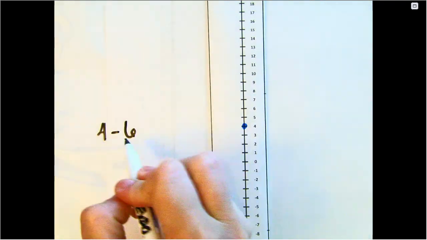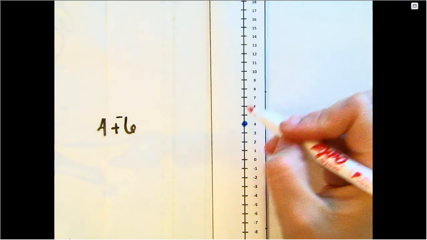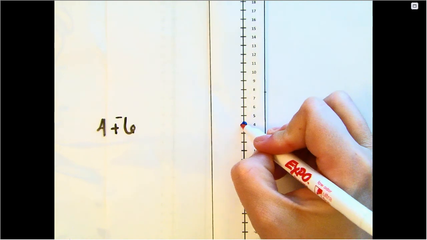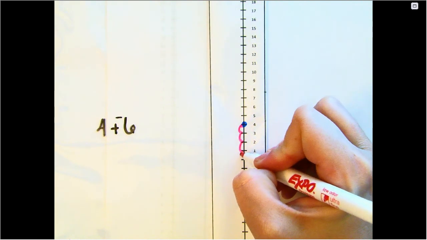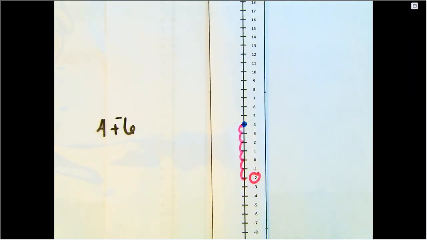So 4 minus 6 is the same thing as adding negative 6. If we have 4 and then we use negative 6, it means that we're decreasing 6. So 1, 2, 3, 4, 5, 6. That puts us at negative 2. So 4 minus 6 is negative 2.